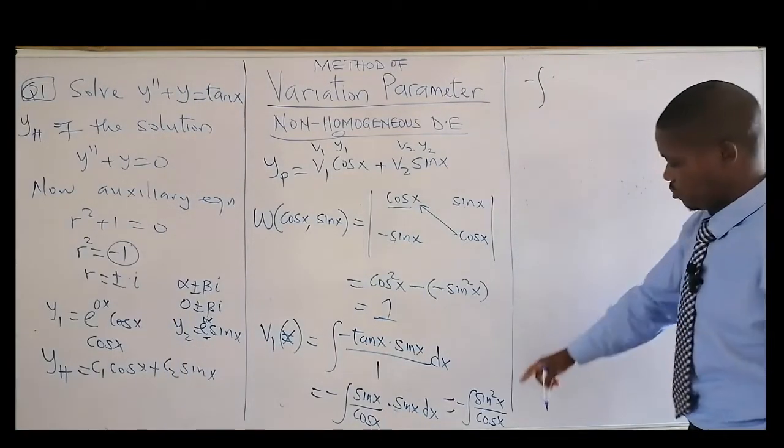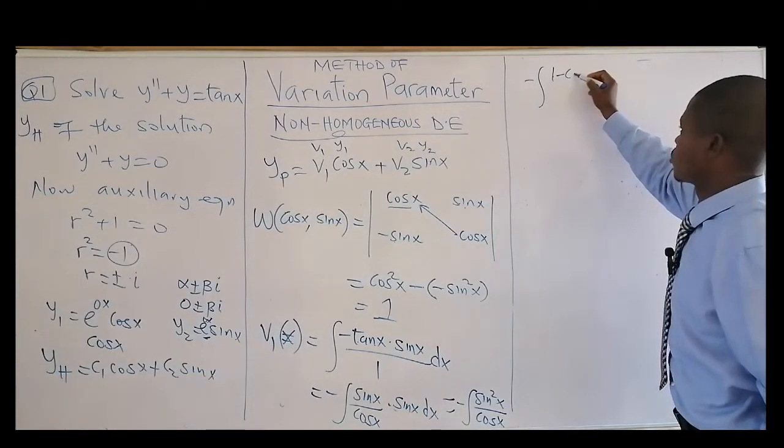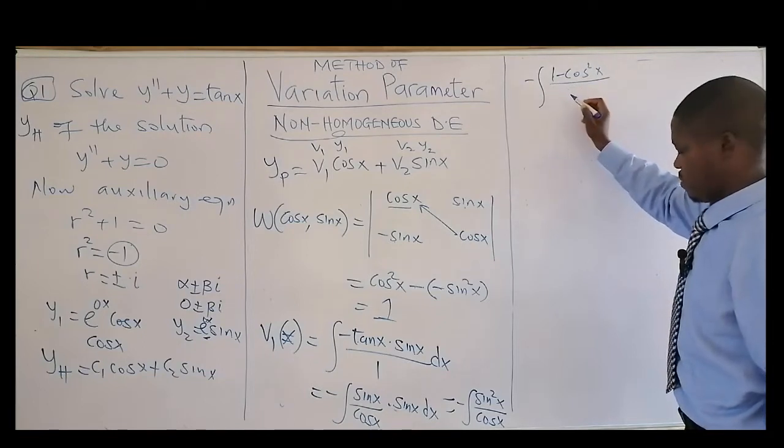Before we continue, we need to substitute for sin square x, which is 1 minus cos square x, over cos x.